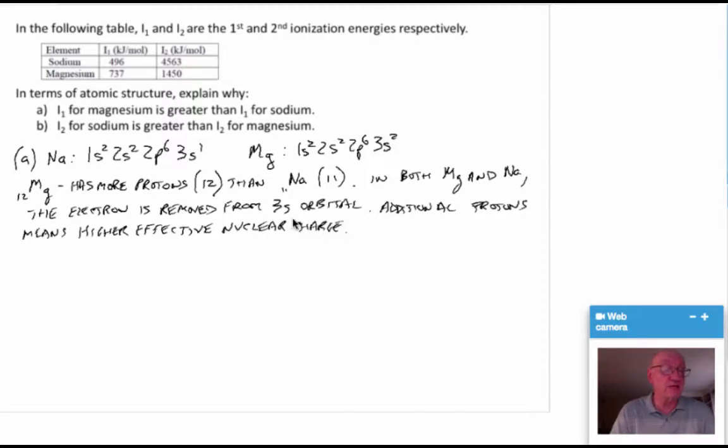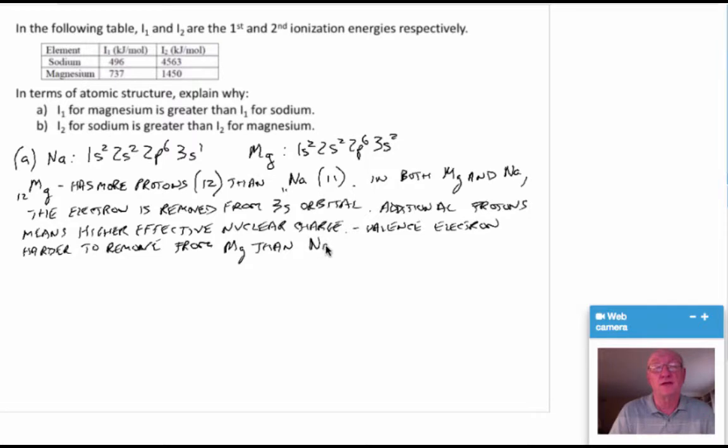So you have a higher effective nuclear charge, but what does that mean? That means that the valence electron is harder to remove from magnesium than sodium, okay?